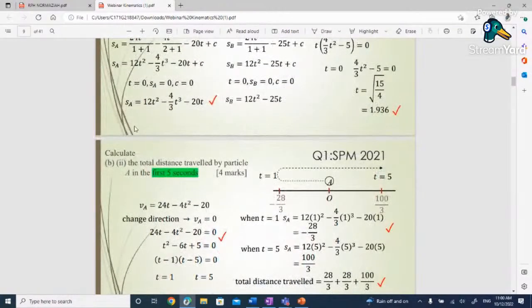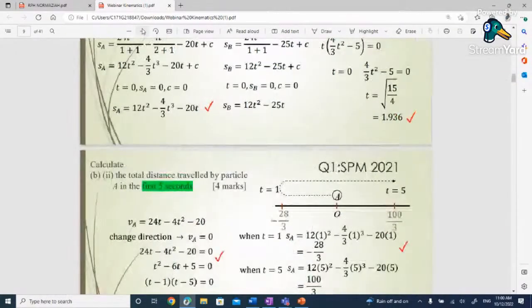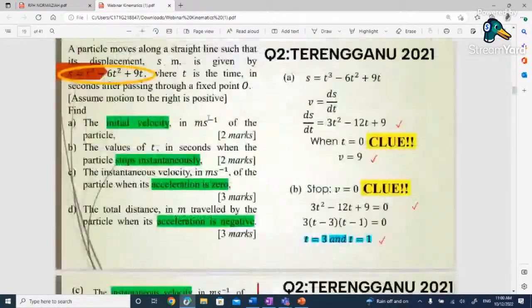Kita kat mana tadi? Kita Terengganu tadi. Okay. So, nampak kan? Yes. Okay. Kita dah rugi almost 9 minutes. Okay, let's continue.